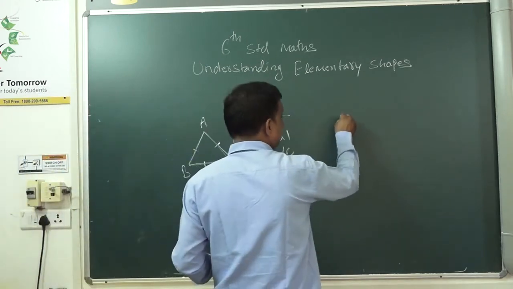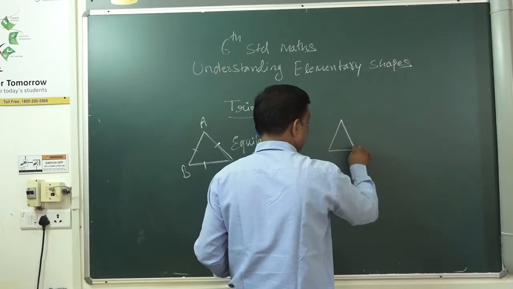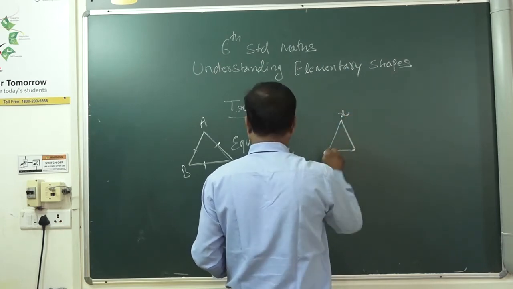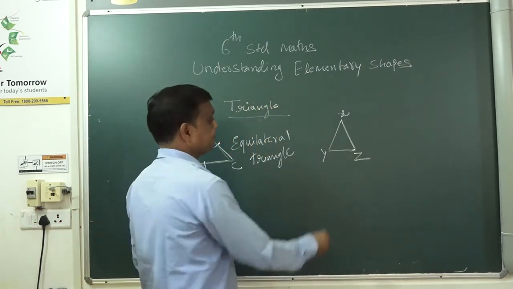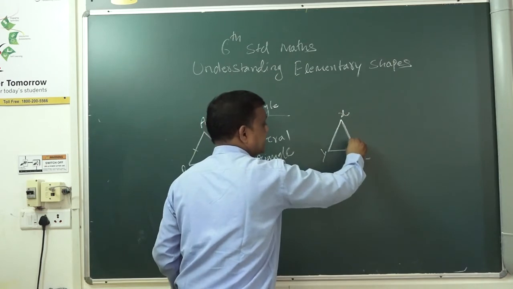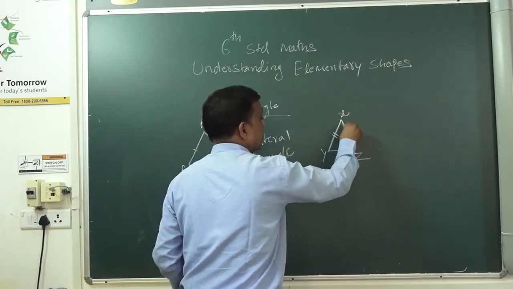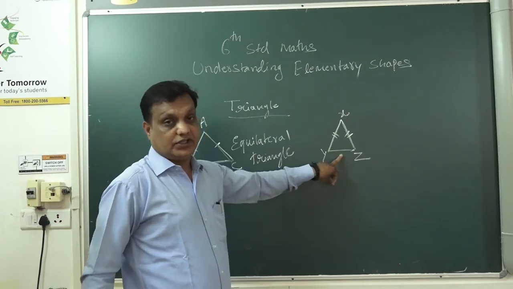When two sides are equal. If you see here, x y and x z, these two are equal. These two are equal and this one is different.